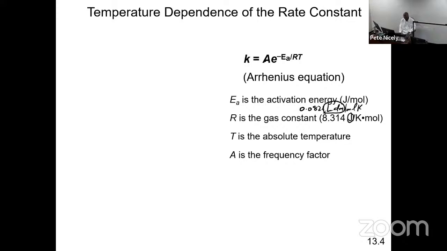So in the case of this equation here, we're using this value for R, 8.31 joules per mole Kelvin. T is the temperature in Kelvin, and A is a factor known as the frequency factor, which takes into account not only the collisions, but the fact that the collisions are such that the molecules are oriented correctly, as I described earlier, right?